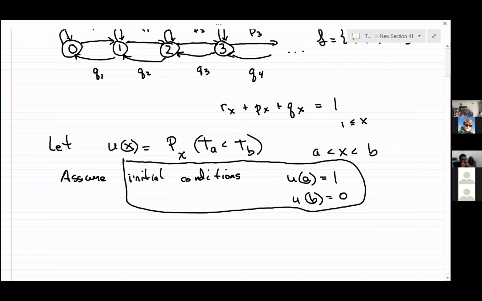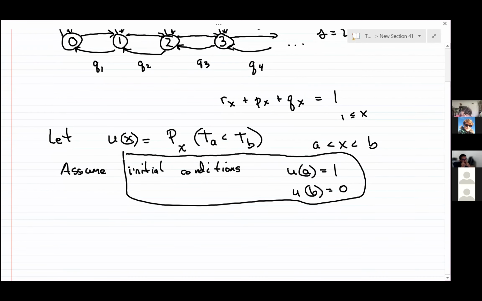Okay, and the first step in what he does is the following. He essentially assumes, so he says, consider Y to be a state between A and B. Now you may say, why does he pick Y to be a starting place between A and B?